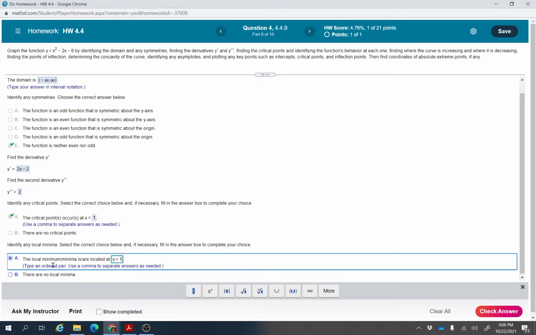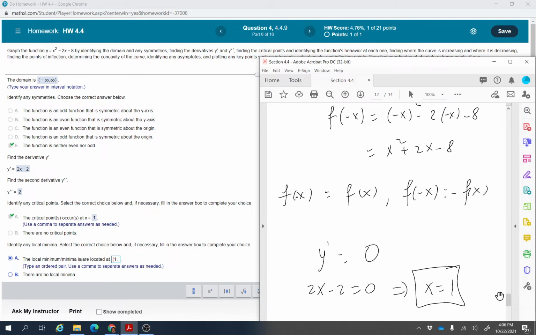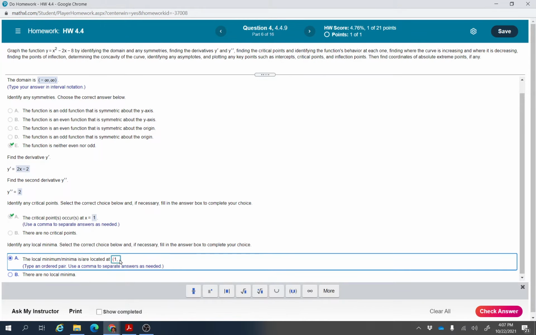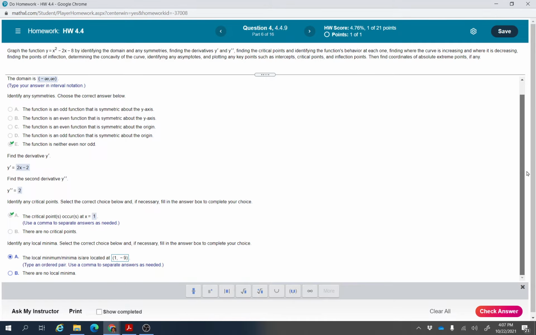And then type an ordered pair, so we have to type 1, which is the x value, and then we need to find the y value by plugging x equal to 1 into the given equation. If x is 1, then what is y? y is x squared minus 2x minus 8, which is 1 minus 2 times 1 minus 8, which is 1 minus 10, which is negative 9. So at 1 comma negative 9 we will have a local minimum value.